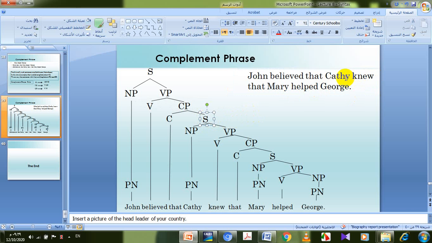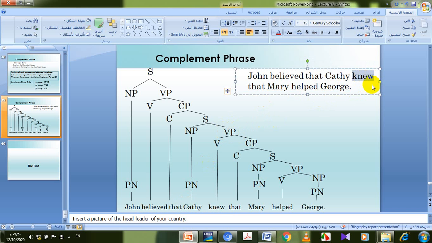The sentence Kathy knew that, and so on. Sentence is noun phrase, verb phrase. The noun phrase is Kathy, and the verb phrase is knew that.